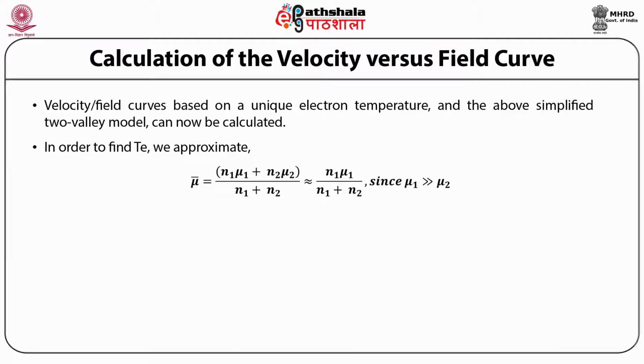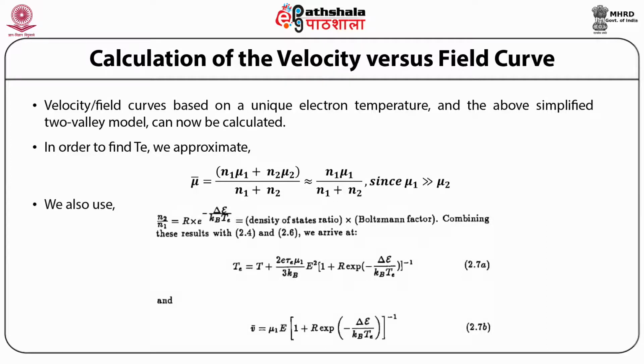So this is approximately equal to N1 mu1 divided by (N1 plus N2), since mu1 is very much greater than mu2. Now we also use N2 by N1 equal to R multiplied by exponential of minus delta E divided by kB Te, which is equal to the density of states ratio multiplied by the Boltzmann factor.